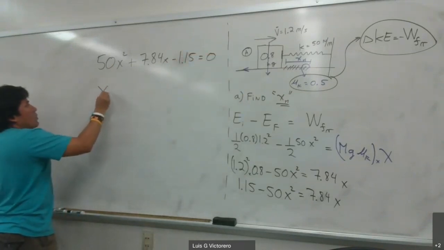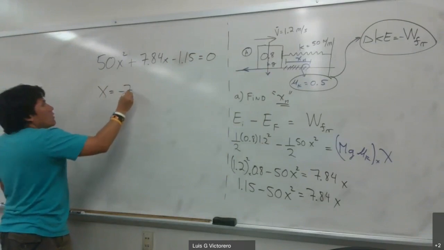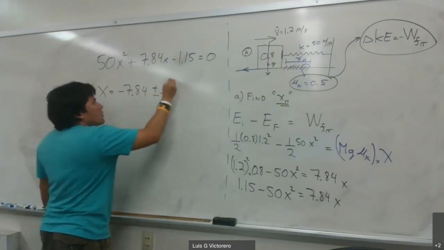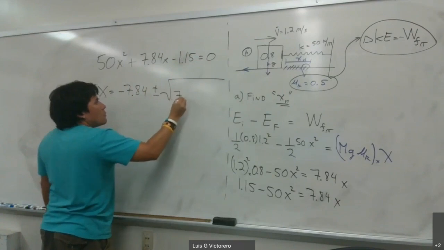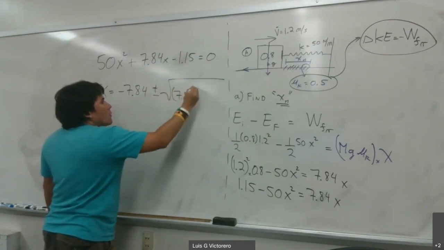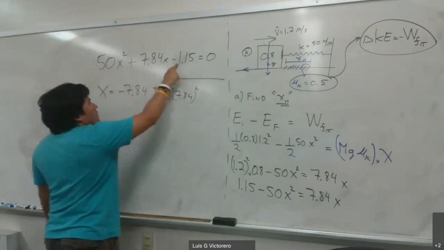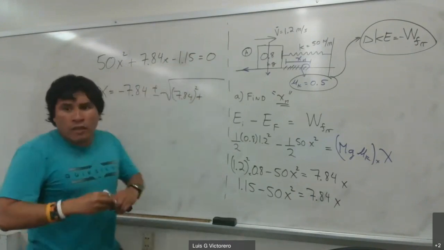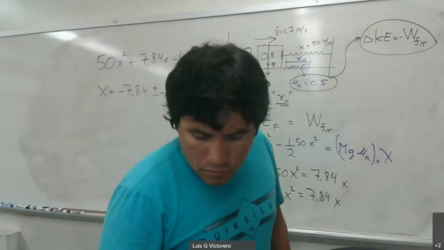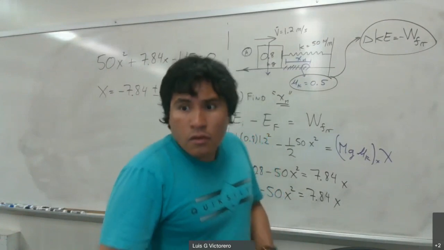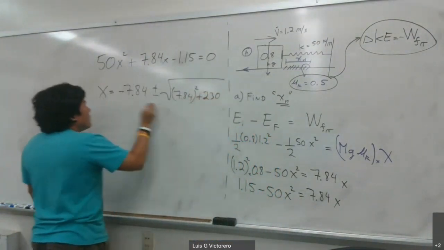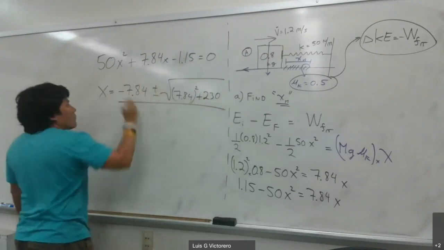Again, we have to use a positive solution. Minus b plus or minus the square root of b squared minus 4ac, but that's positive, so plus 200 times 1.15, divided by 100.